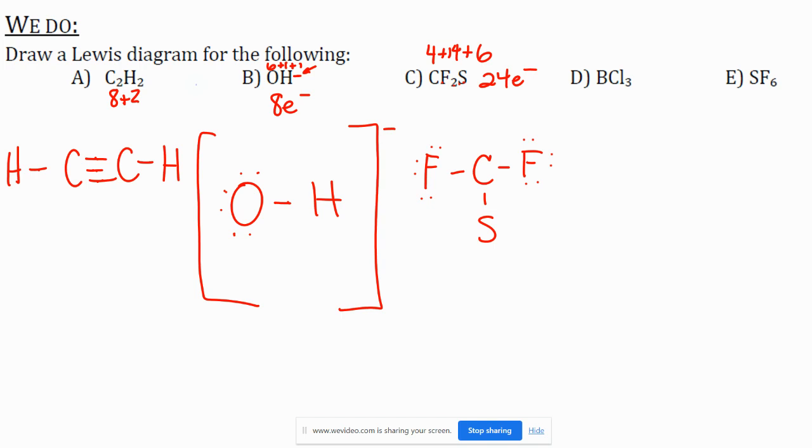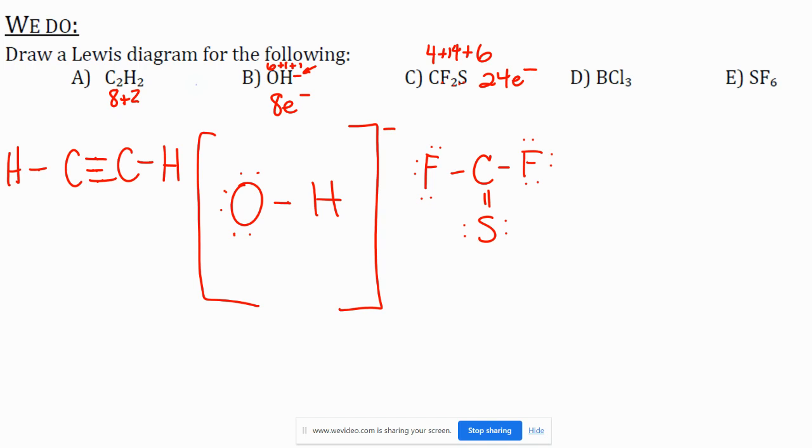So I'm going to go and put 2, 4, 6. So I've used up all my electrons. What is my problem? Carbon doesn't have 8 electrons. I can't bring in from fluorine because remember it can't have double bonds. It can't expand its octet, so no double bonds. But sulfur can have double bonds. So I'm going to take these 2 and I'm going to bring it in and make a double bond.